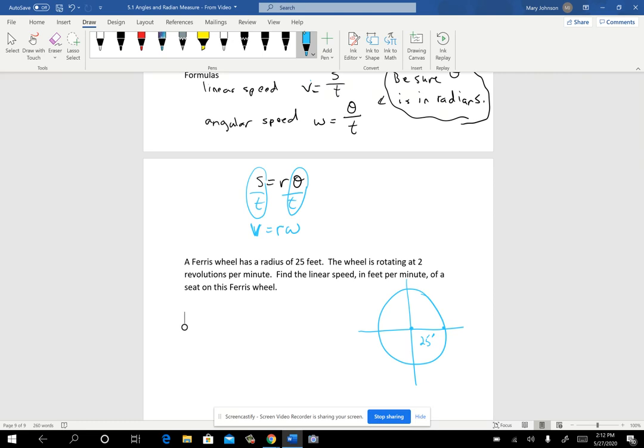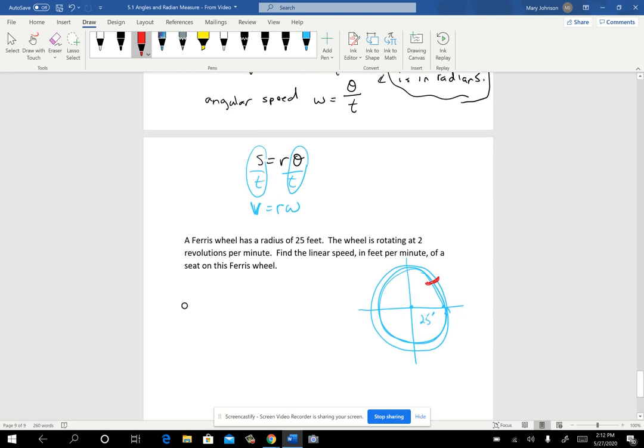So that means it goes around once, and then it goes around a second time, and it does that in 1 minute. Your job is to find the linear speed in feet per minute of a seat on the Ferris wheel. So you can imagine somebody just sitting right here. How fast are they moving along the edge of that circle? That's what you're looking for.